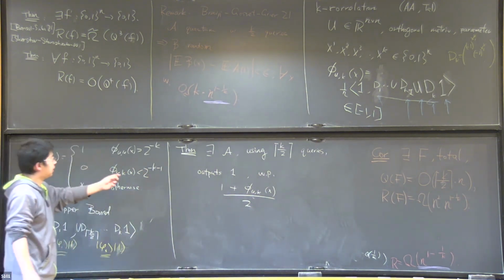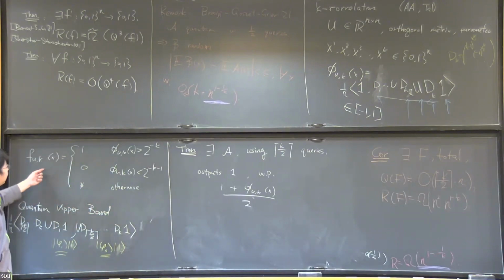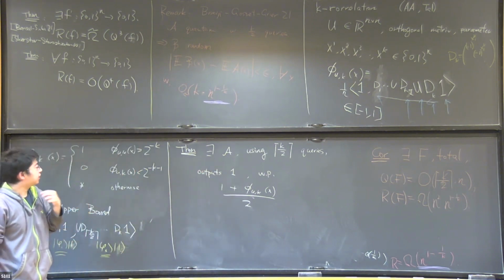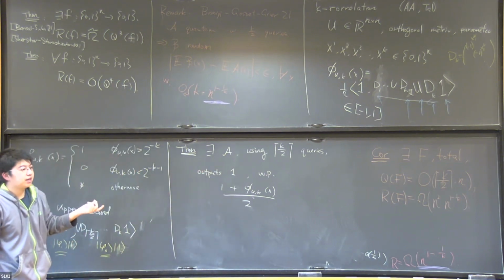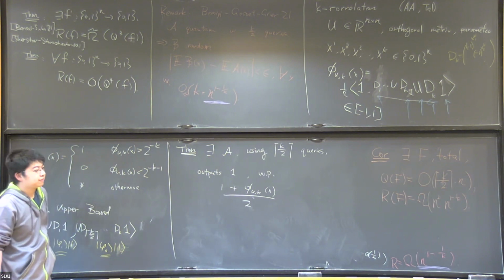So comparing the output probability and the definition of our function, you realize that this algorithm will give us an advantage of order 2 to the minus k to distinguish the 0 instances and the 1 instances.